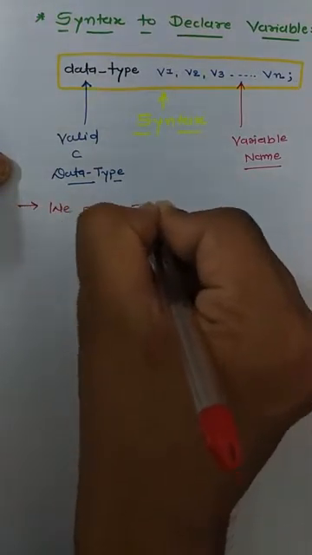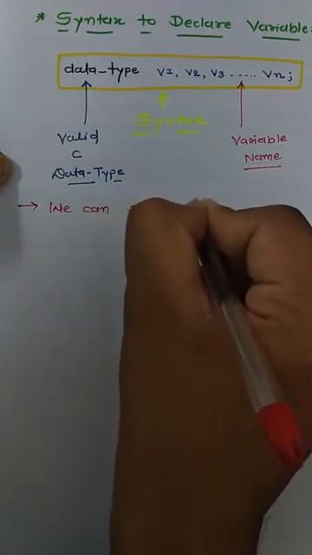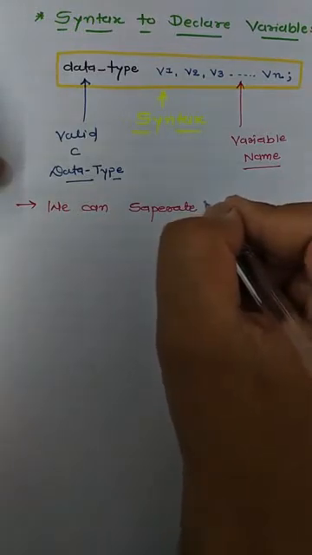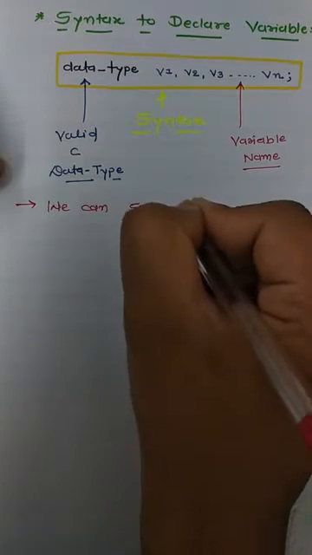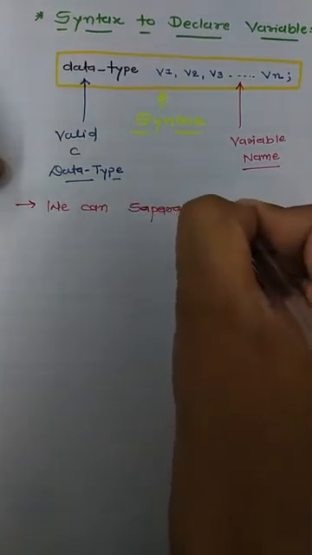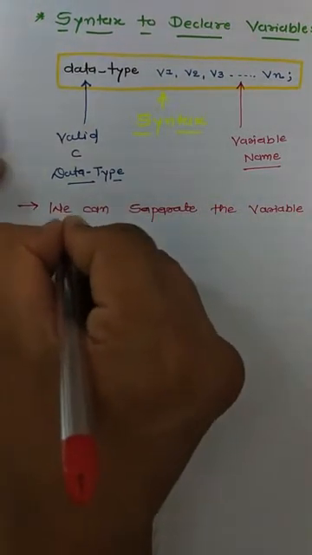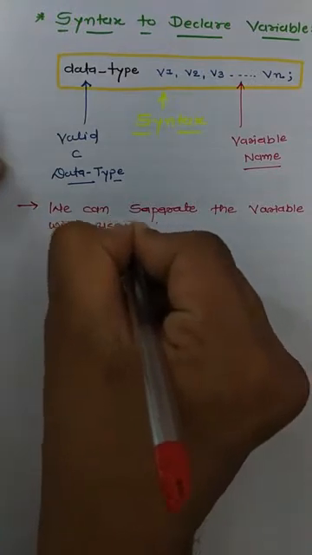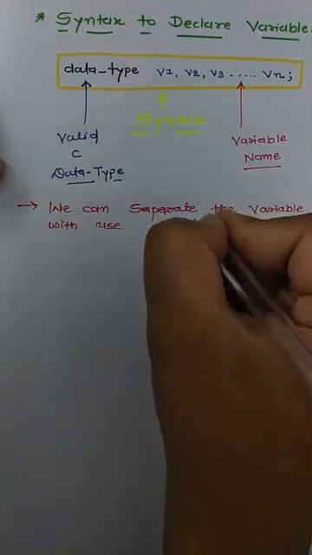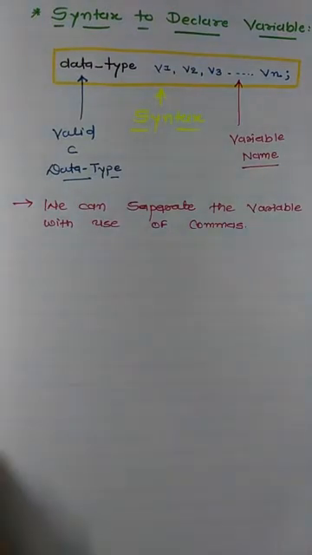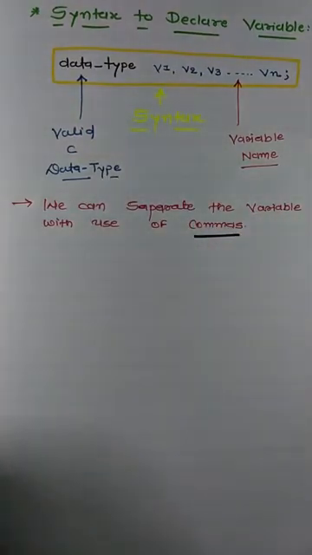Okay, you must remember that we can separate the variables with the use of commas. એટલે કે આપણે વેરિયેબલ જે છે એ કોમાનો ઉપયોગ કરી અને સેપરેટ કરી શકીએ છીએ.